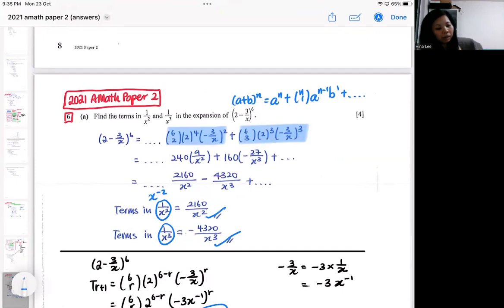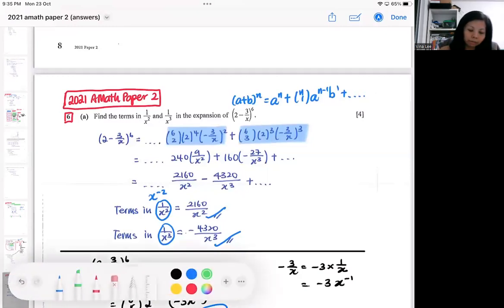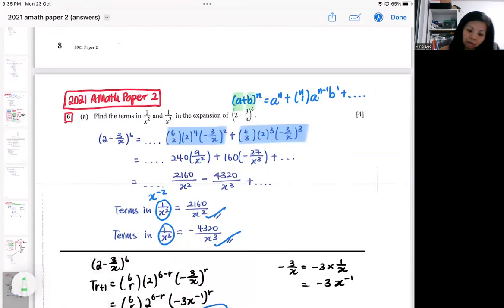I prefer the expansion method in this case because between the A and B in the question, only one of them has x, so it's quite easy to do by the expansion method. If your A and B both contain x, then I wouldn't suggest that you go for the expansion method.